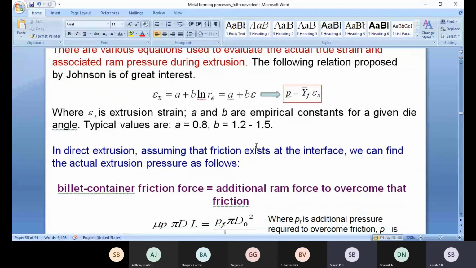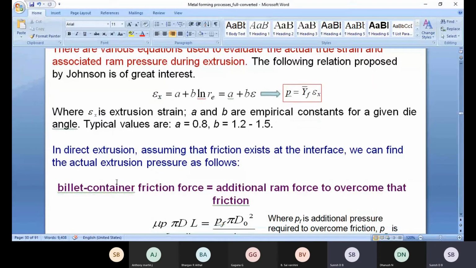Okay, the billet container friction force is equal to the additional ram force required to overcome that friction. Because in the direct extrusion process, maximum friction is created between the workpiece material as well as the container.